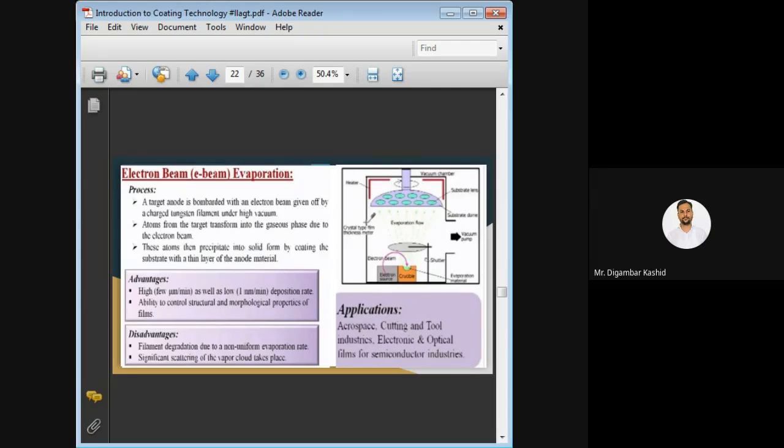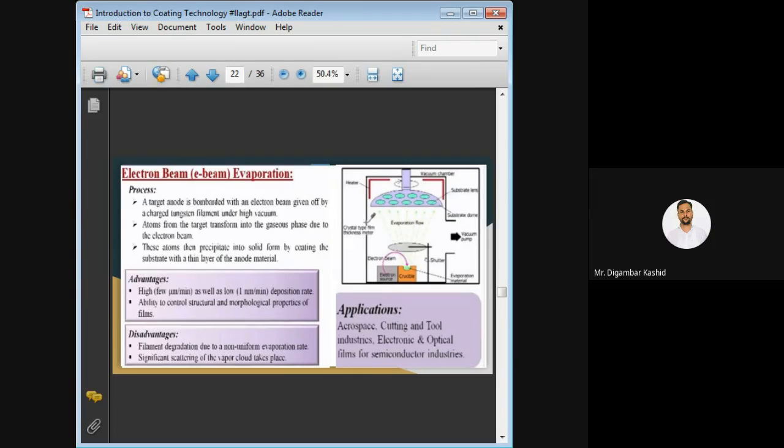Now we are going to discuss electron beam evaporation, or e-beam evaporation. From the name itself we can understand that here we are using electrons, and we are bombarding that electron onto the source material or precursor material.